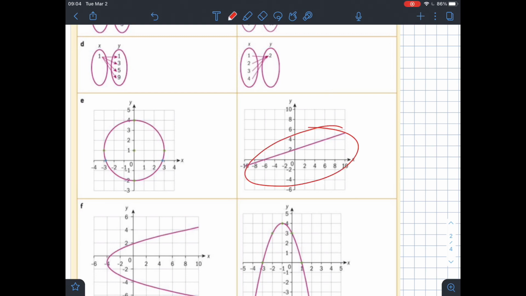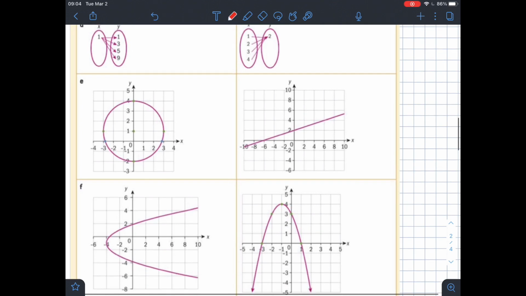While in this case, this is the equation of a straight line, the graph of a straight line. For each value of x, let's look at 2, for example, we have a unique value of y. There's no other value of y which the function is taking, right? And that's true for any value of x in this case. So that's the difference in part E.